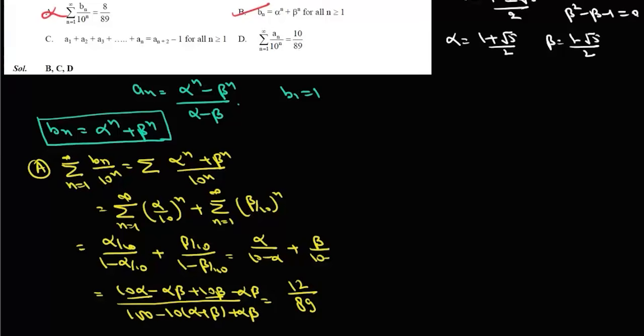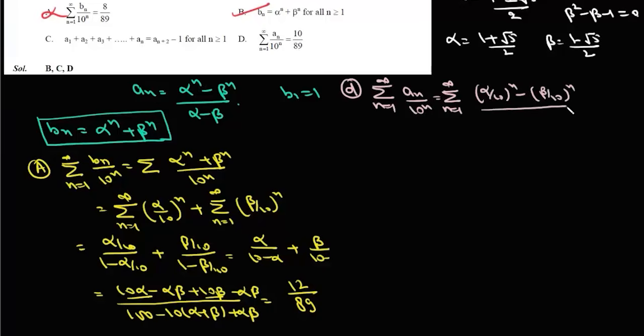Now if we look at this option D, it is the summation, n varies from 1 to infinity, an upon 10 to the power n. Now an by 10 to the power n will be (alpha by 10 to the power n minus beta by 10 to the power n) upon alpha minus beta.